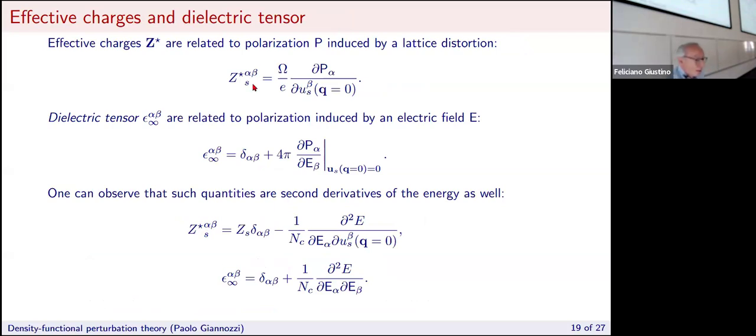Well, these are second order derivatives of the energy, with respect to two electric fields, or one electric field and one nuclear position. So the effective charge is actually the polarization induced by lattice distortion, or the force induced by the presence of an electric field. So what we need is to figure out the response to an electric field.